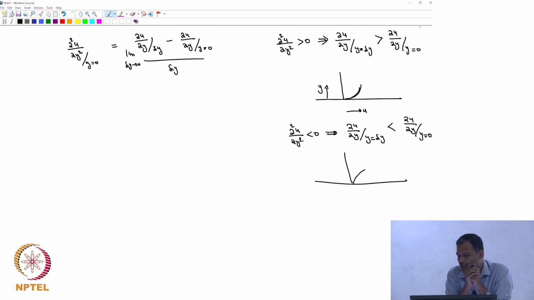We have ∂u/∂y. Here at y = 0 my slope is smaller, there my slope is larger, because if there is a small change in y, u changes a lot here, correct. This is okay.